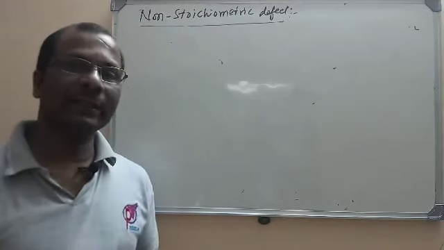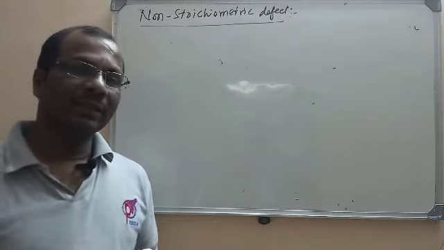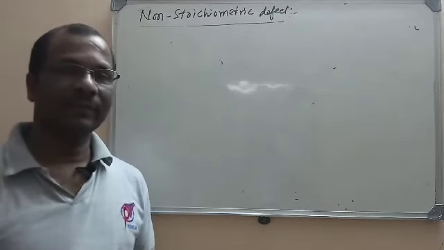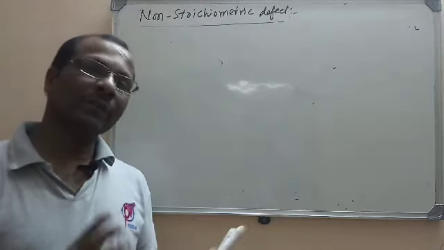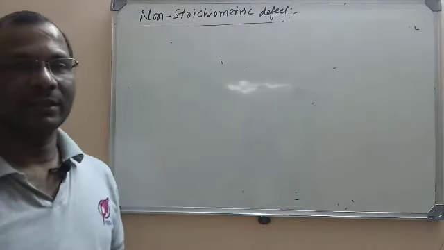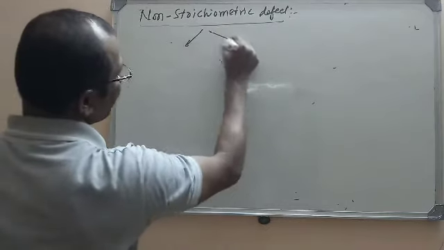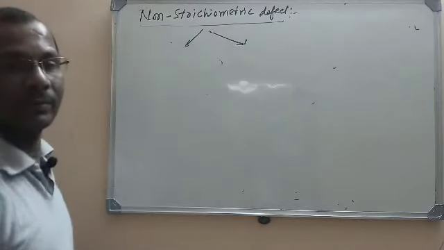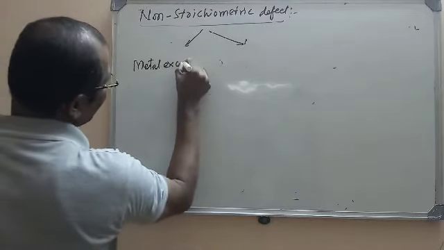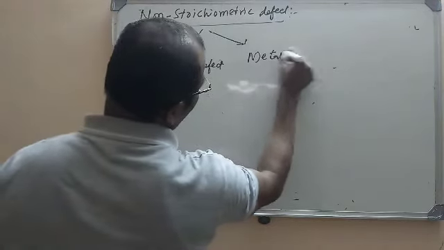Even in the Frenkel defect, the cation moves to the interstitial site, but the ratio of cations to anions is not disturbed. But here it is different. Now let me explain. The non-stoichiometric defects are again divided into two major types: the metal excess defect and the metal deficiency defect.